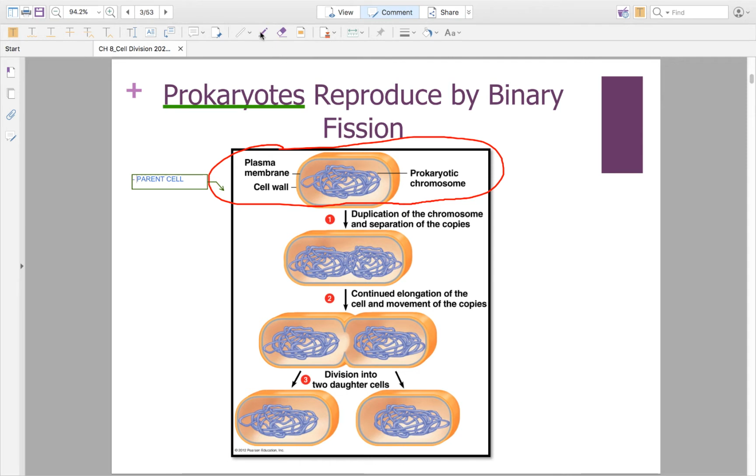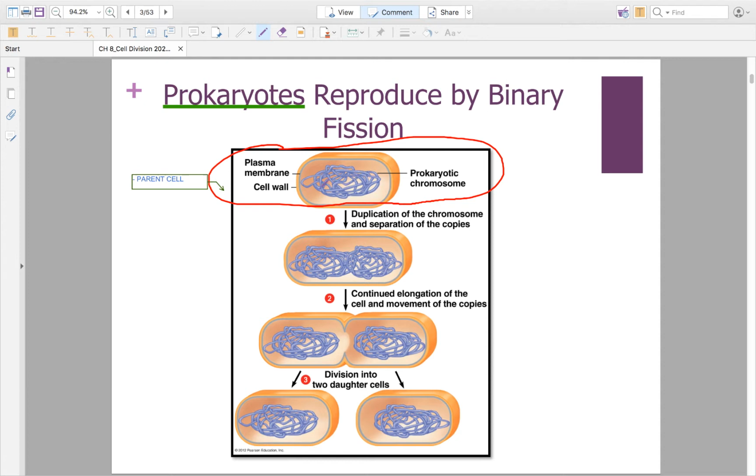All right, so before this cell can divide, a couple of things need to happen. We can't just cut a cell in half. That would destroy the chromosome count. So what happens is the chromosomes of this organism have to be copied.